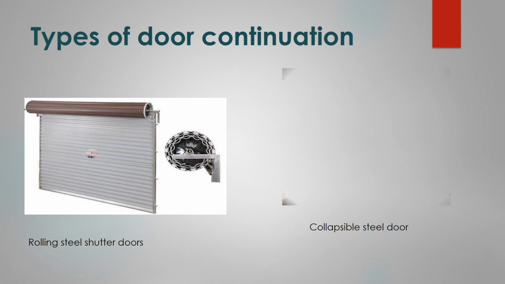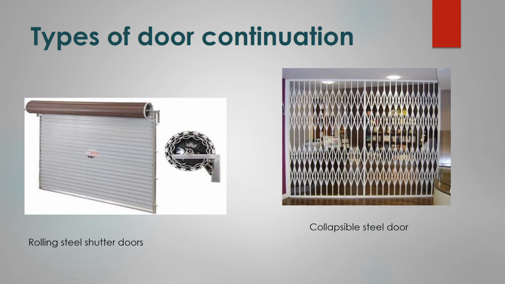The next type is collapsible steel doors. Collapsible steel doors, they collapse to the left and to the right or in one direction as they give an opening way for people to pass or for goods and objects to pass.